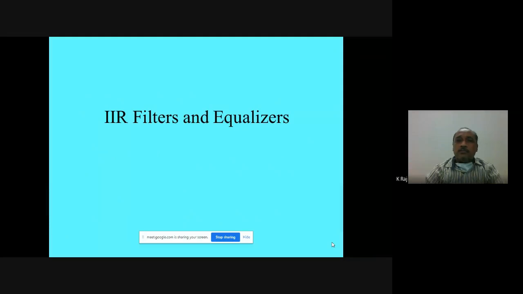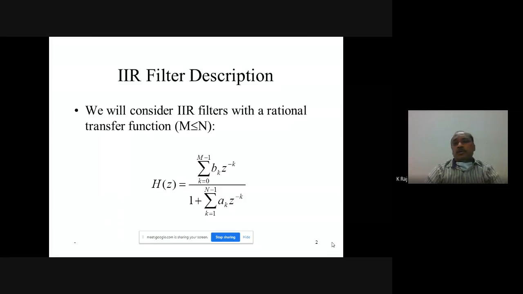So if we consider first the IIR filter, then from the given mathematical model we find that after applying the Z transform, because digital signal processing systems are discrete time systems and for the purpose of transformation we have to use the Z transform, we will get the system function H(z) of the system, described by this equation: the summation of b_k z to the power minus k, divided by 1 plus the summation of a_k z to the power minus k, where k is from 1 to N minus 1.